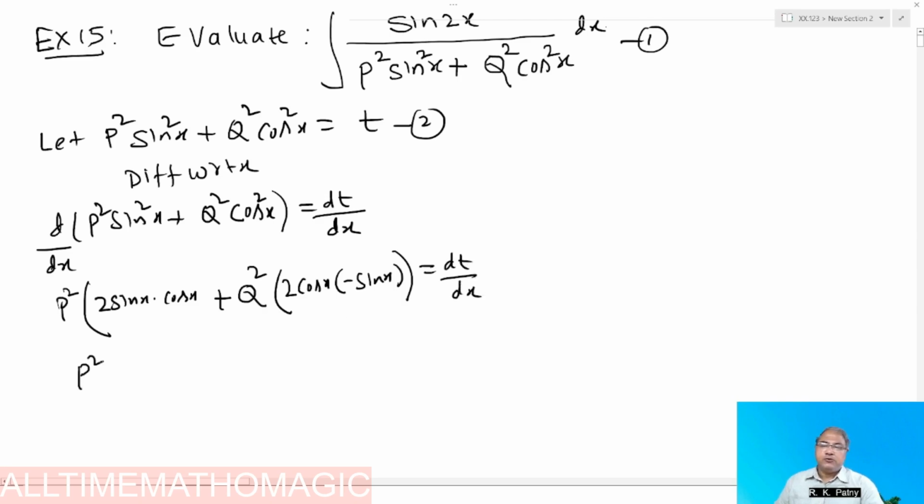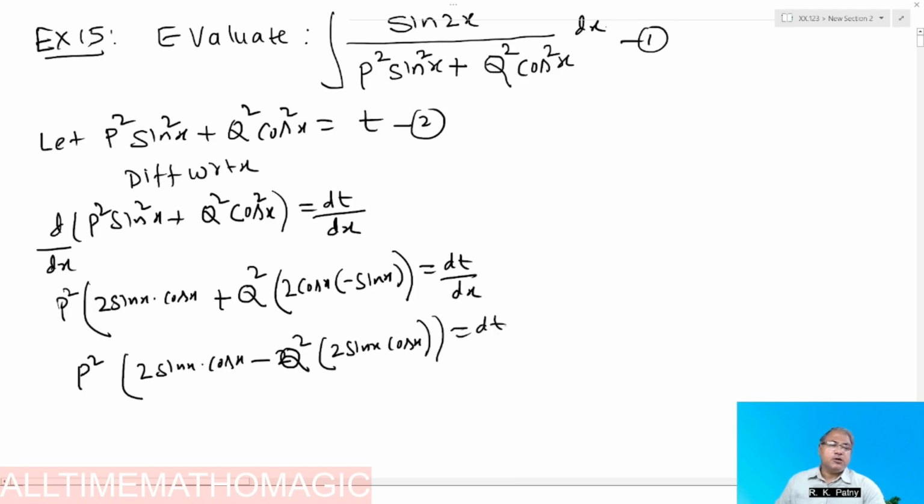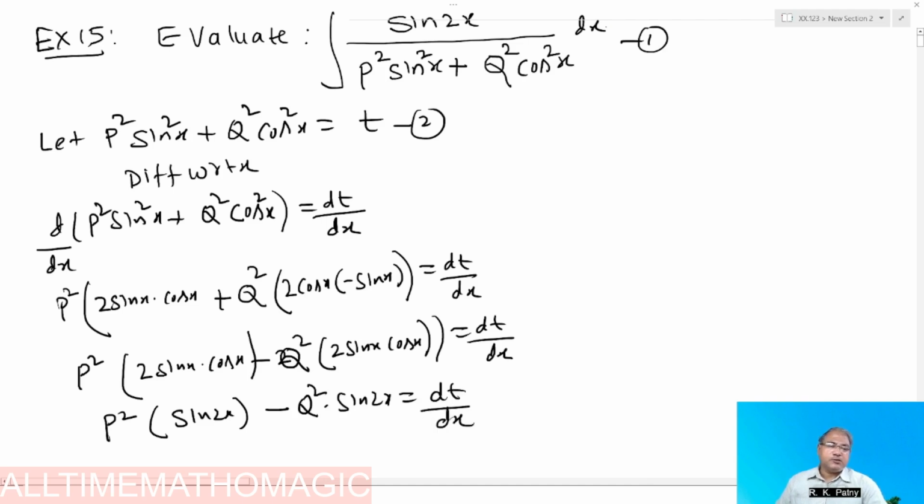So here p square, here 2 sin x into cos x, here minus q square into 2 sin x into cos x equals dt by dx. So p square into sin 2x minus q square into sin 2x equals dt by dx.